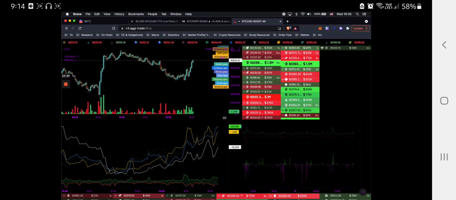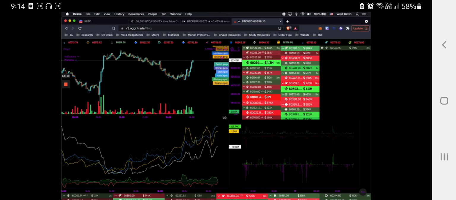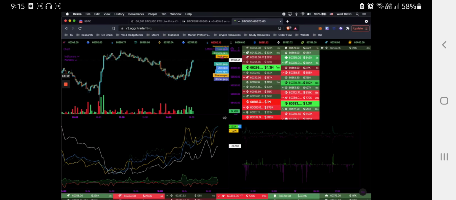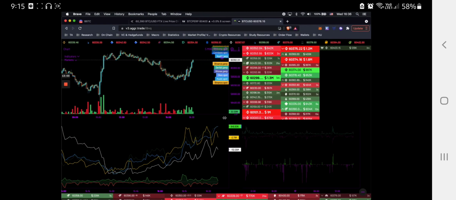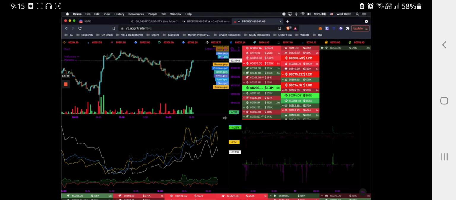Coinbase in a typical day might trade 10,000 BTC as a figure, which in dollar value, like at the moment, would be 600 million. All right, so they might trade $600 million of volume. Binance could trade 50 to 100k Bitcoin on spot exchange on a typical day.